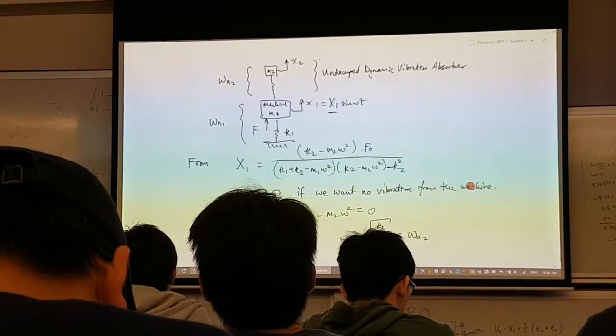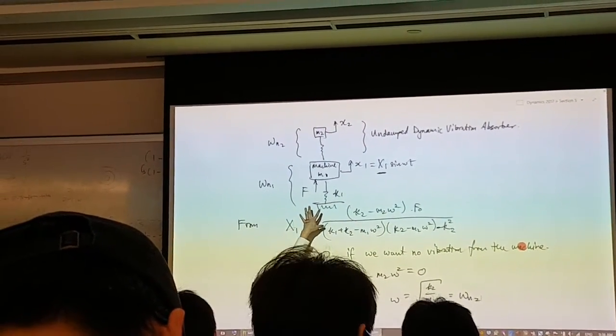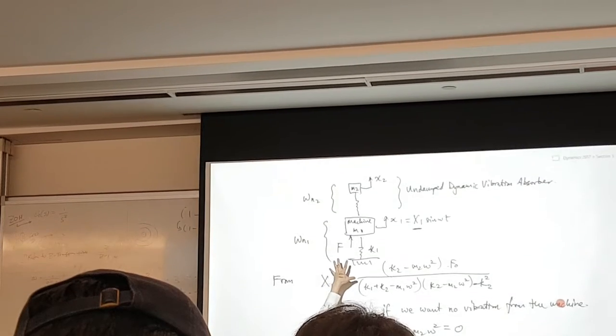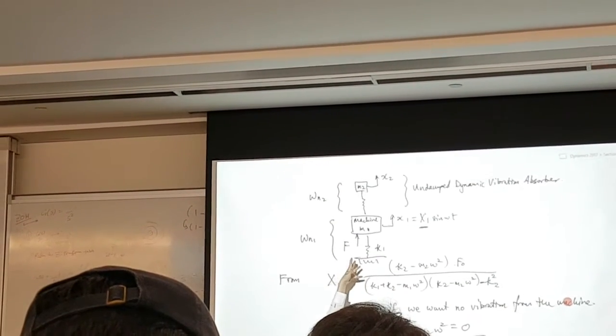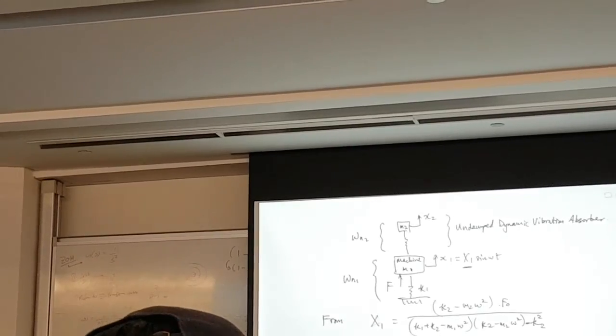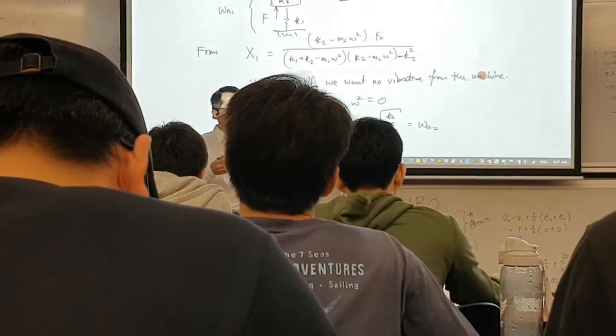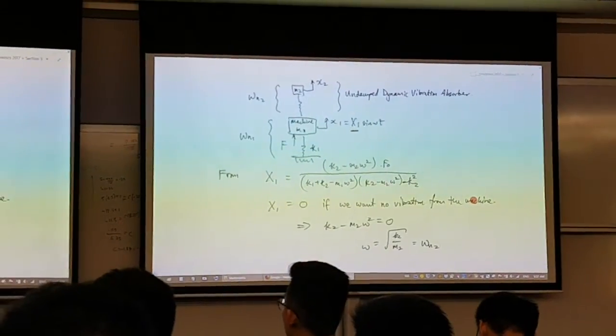So what does this show us? It shows us that if I have a machine over here and I want to stop it from vibrating while it's resonating, and I have no choice but to use that operating frequency, because that operating frequency is the one that allows me to run my things more efficiently, maybe.